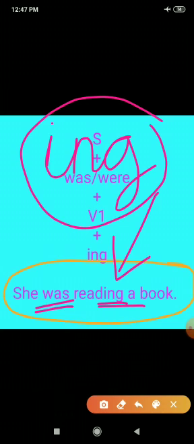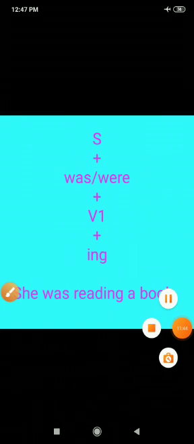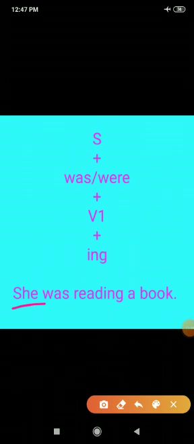She was reading a book. In this sentence, she is the subject. She is followed by was or were. And V1. In this case, it is read. Plus ending ing.